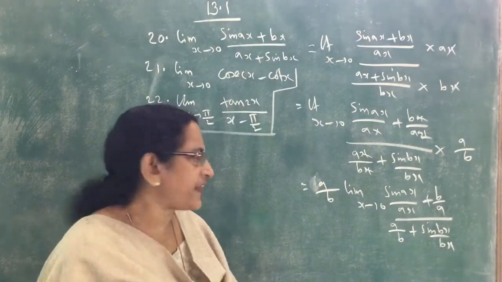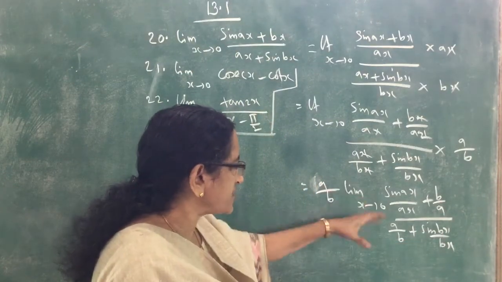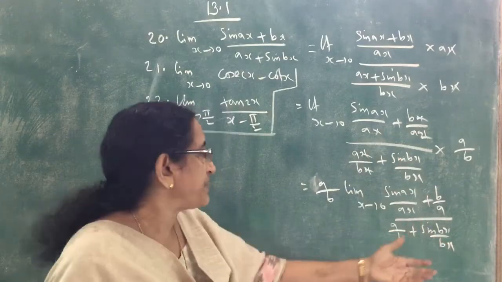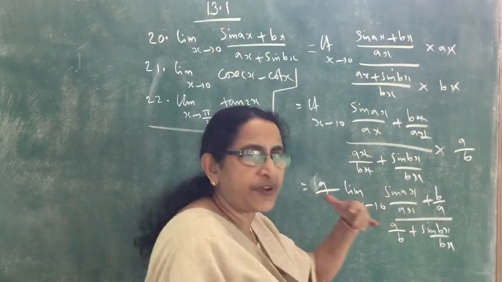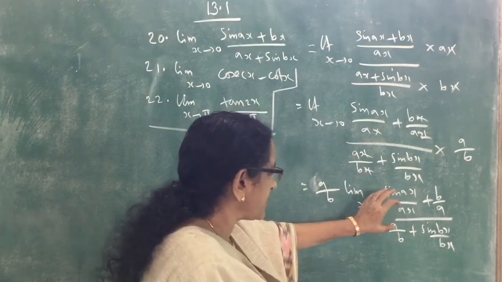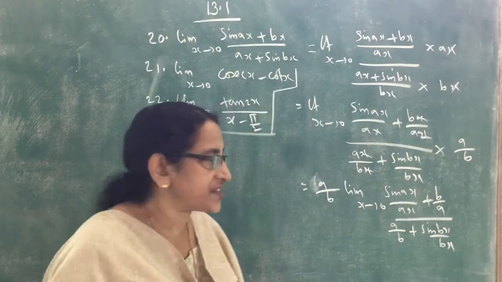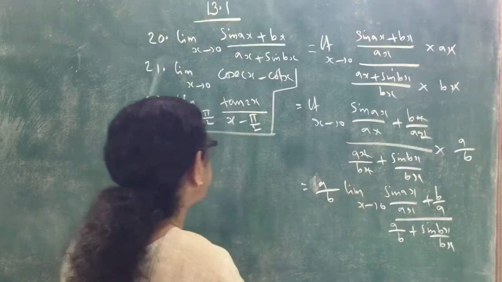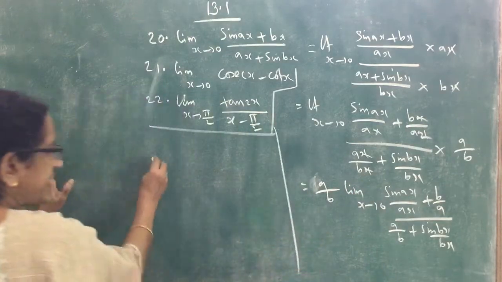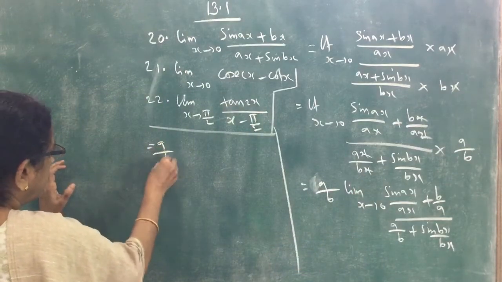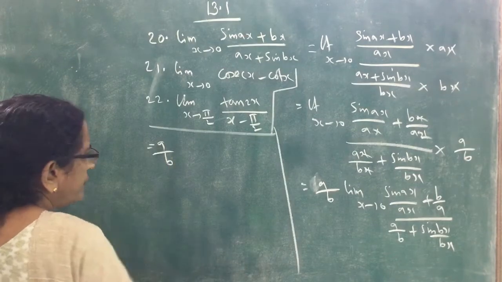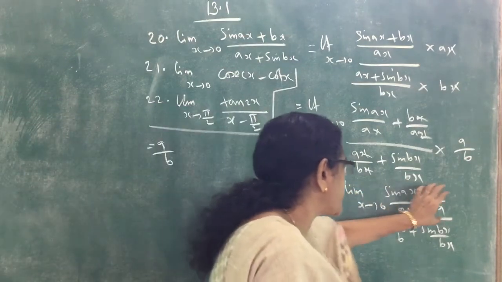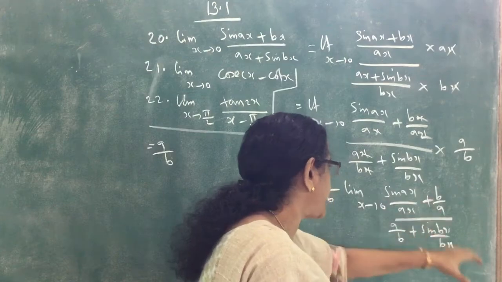Now we can apply the limit. We can apply the limit to the numerator and denominator separately. In the numerator there are two terms, so we can apply the limit for each term. This is a by b into the limit, applied for each term in the numerator and each term in the denominator.